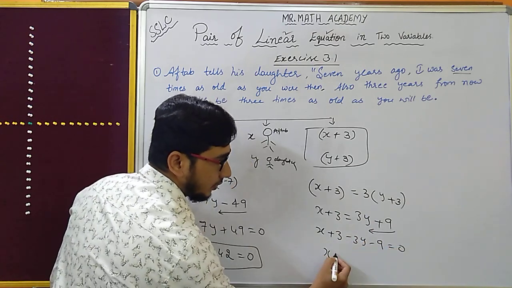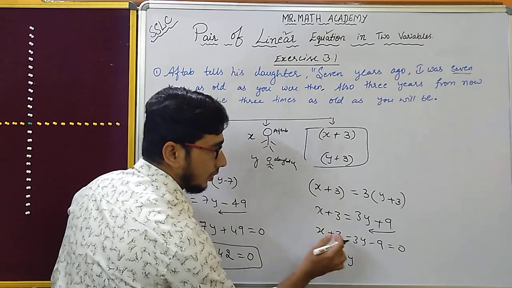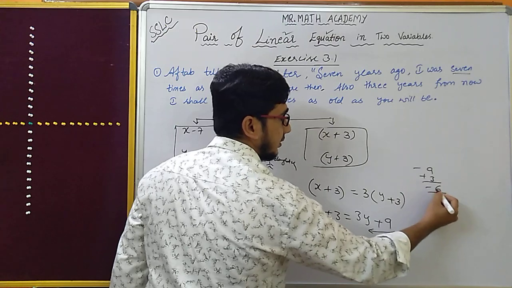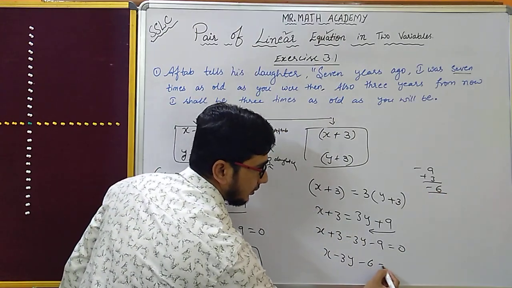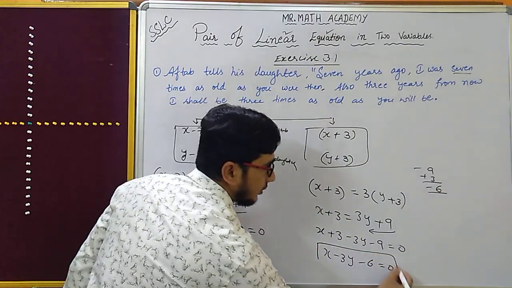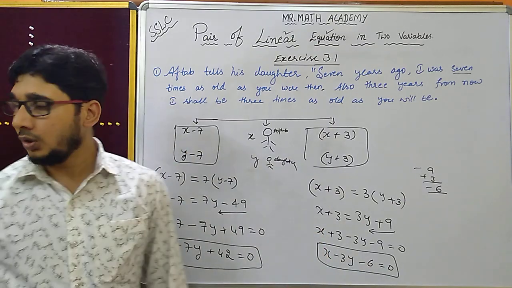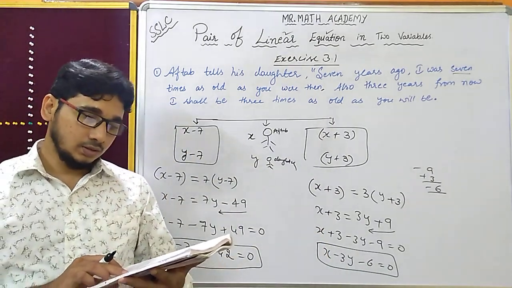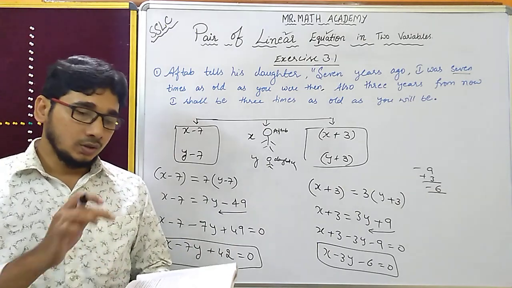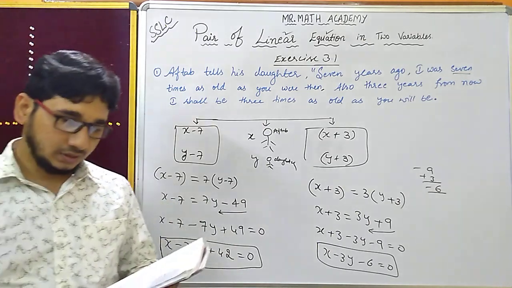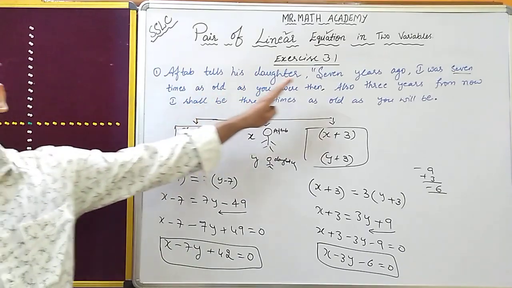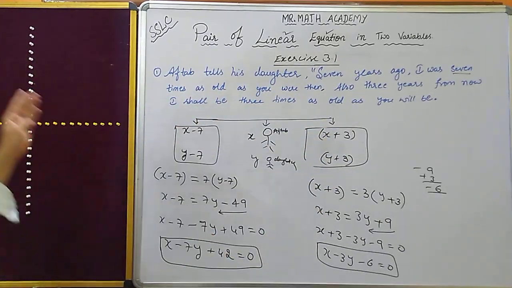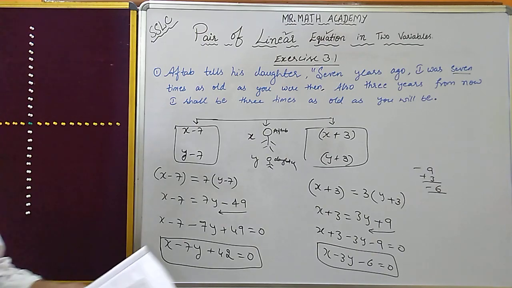Write down x as the variable, minus 9 plus 3 is minus 6, is equal to 0. So this is the second equation. So I represented the situation algebraically. Now let us go for graphically. We'll get the points and plot them here.